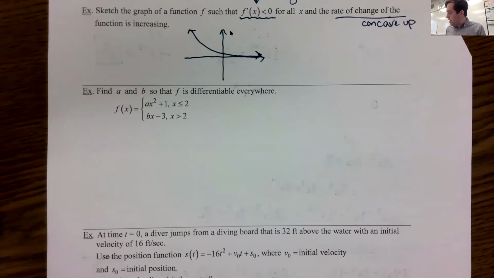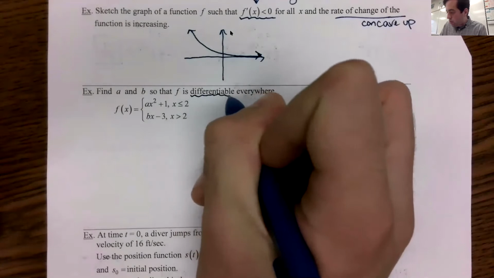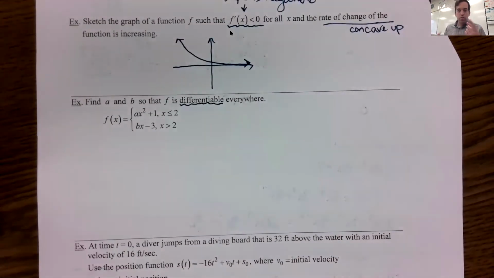All right. So if a function is differentiable, two things have to be true. One, the function has to be continuous, and two, the first derivative also has to exist everywhere.